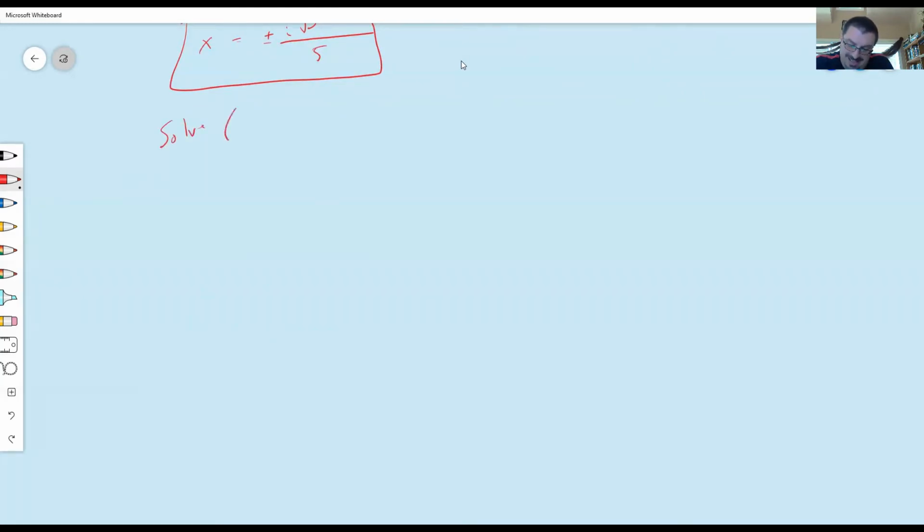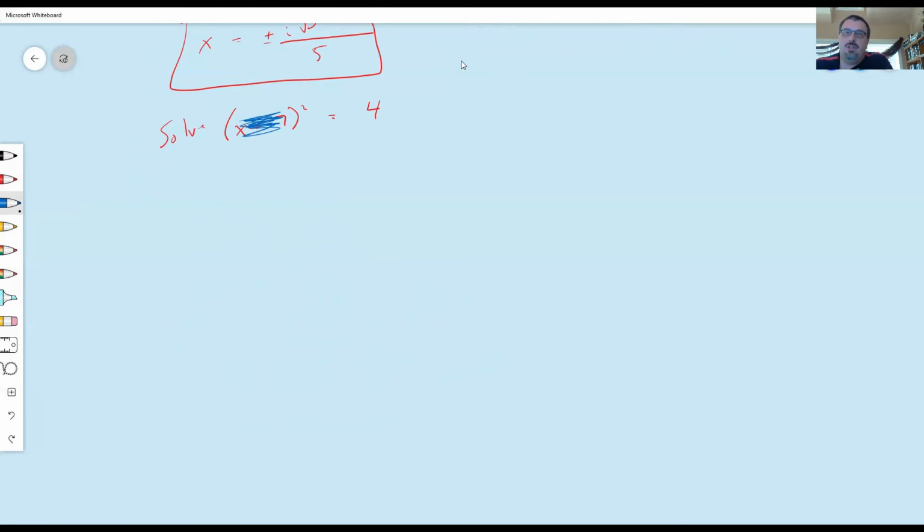It turns out that it doesn't really matter how big a situation you have. So if you have something like x plus 7 squared equals 4, it doesn't matter what's right here. It's something squared equals a number.